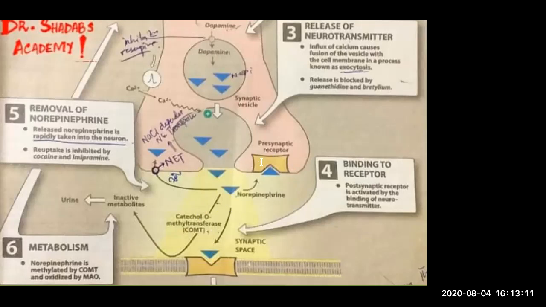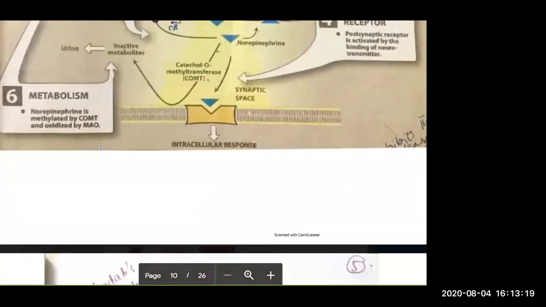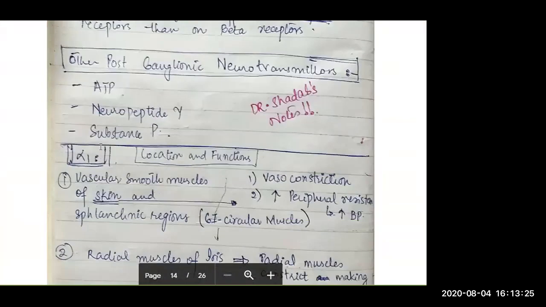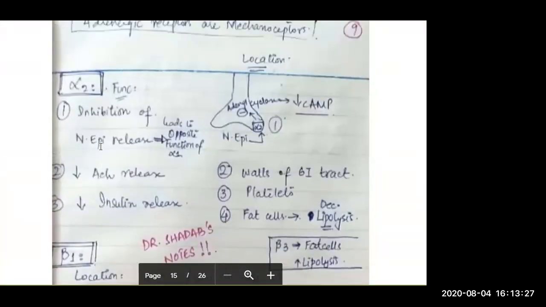And this receptor is alpha 2. It is not written here, but this is the alpha 2 receptor. We'll come back to this picture and study the whole picture because it is of pharma. But for now, I just wanted to show you over there.